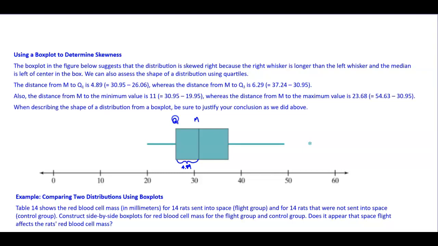Whereas the distance from the median to quartile 3, in this part here, represents 6.29, and we would get 37.24 minus 30.95. Also, the distance from the median to the minimum value is 11. If we take 30.95 and subtract 19.95, we know that the distance here is 11. Whereas the distance from the median to the maximum value is 23.68, which is 54.63 minus 30.95. So when describing the shape of a distribution from a box plot, be sure to justify your conclusion as we did above.